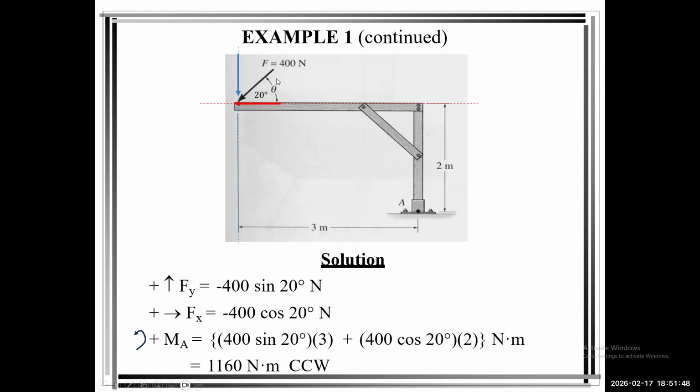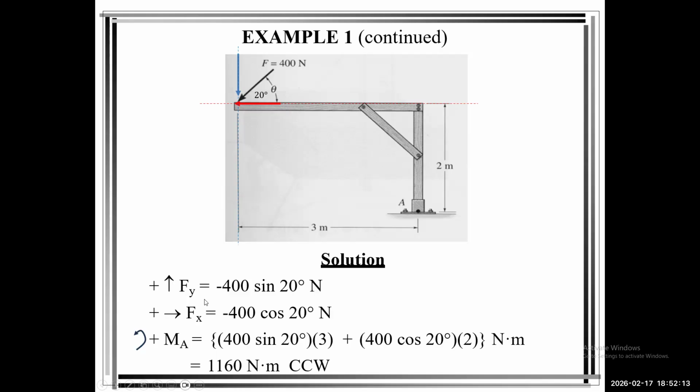So first of all, we know that F here can be split into components. Component in the X, which is red, and component in the Y, which is blue. It so happens that these two components are going in the negative direction. I only put the minus sign just to show you that I'm writing the component of the force properly. But it is relevant to what I am doing in terms of taking my moment here.